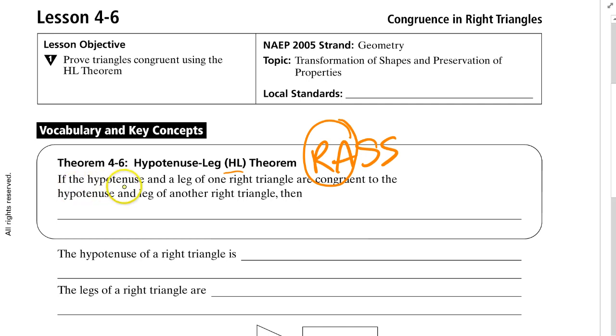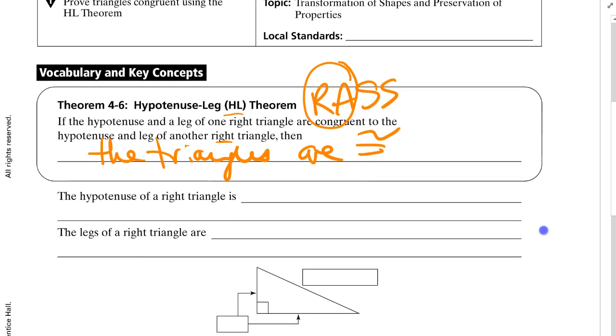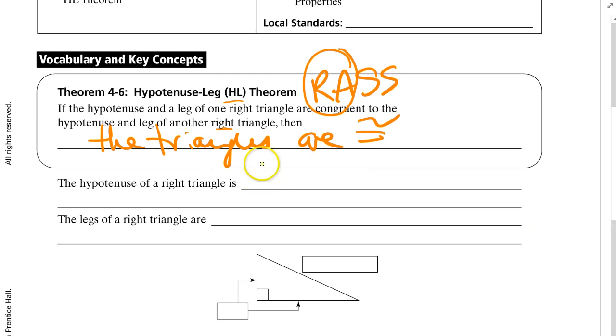If the hypotenuse and a leg of one right triangle are congruent to the hypotenuse and leg of another right triangle, then the triangles are congruent. And the hypotenuse of a right triangle, you can think of it as two ways: longest side, or you can also think of it as the side opposite to the right angle.